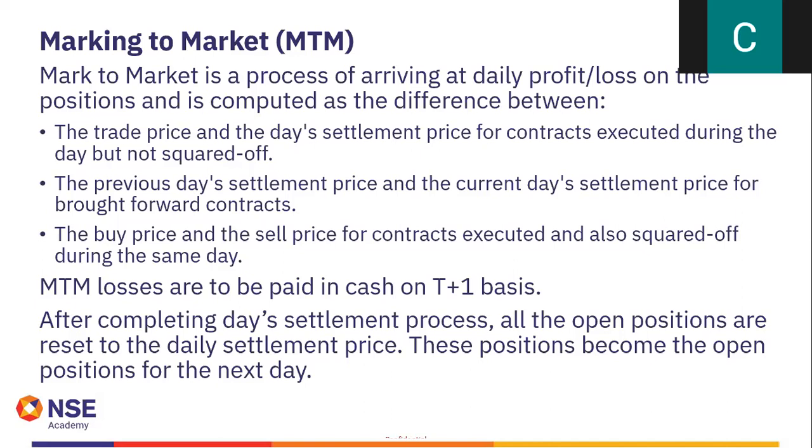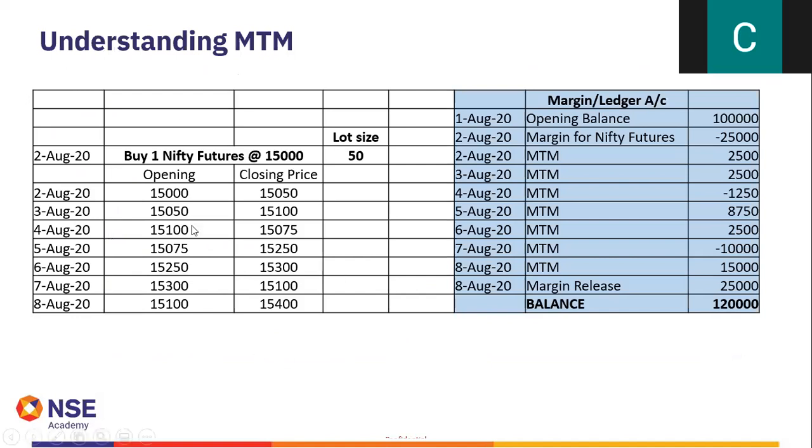Okay, let us see with an example. Say for example, I bought a Nifty futures contract on 2nd August 2020 at 15,000. When the futures price is at 15,000, I bought one Nifty futures, and the lot size is 50.